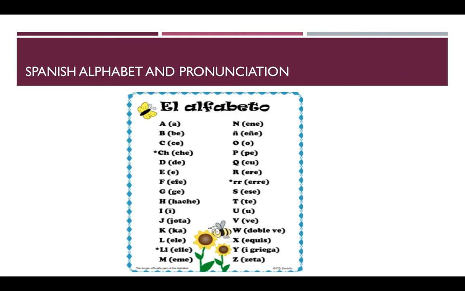And you'll see that with the alphabet, in the pronunciations that are in parentheses, you'll see that this N with the tilde on top, that is the eñe, and that is the debatable letter.